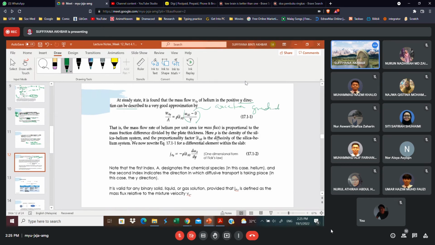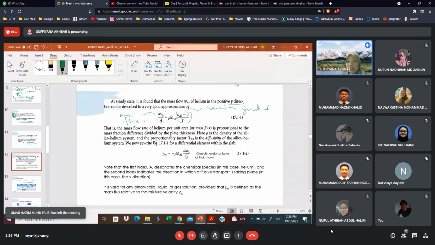Meanwhile, omega AY divided by A is basically the mass flux. So this we look at as the macroscopic system. In a microscopic system, omega AY over A we can write as a mass flux.